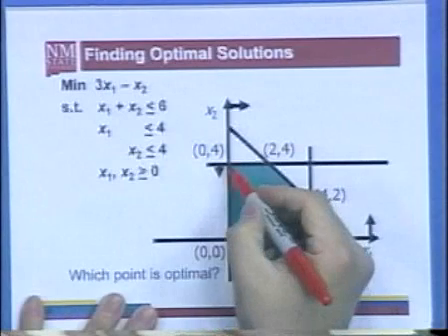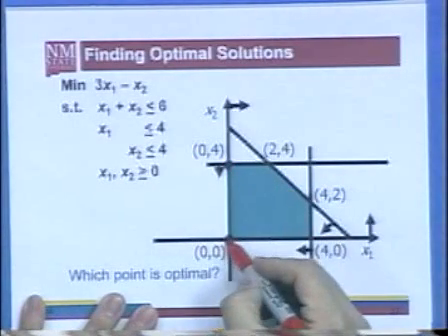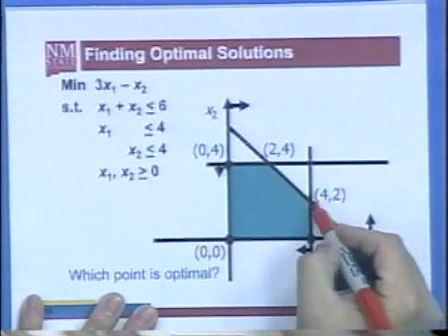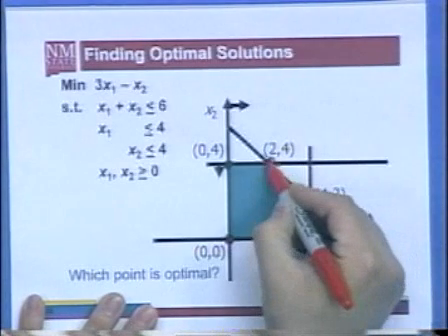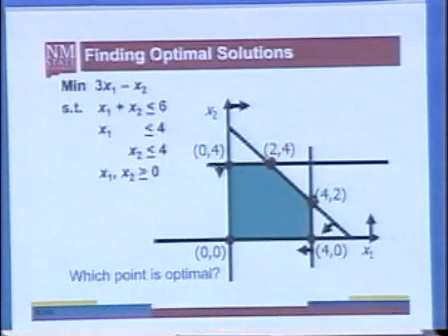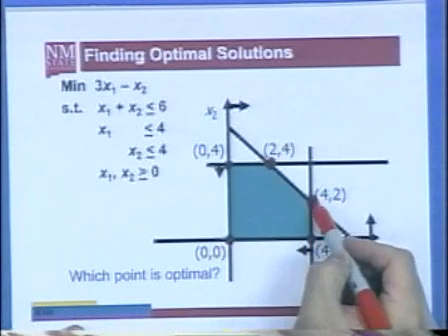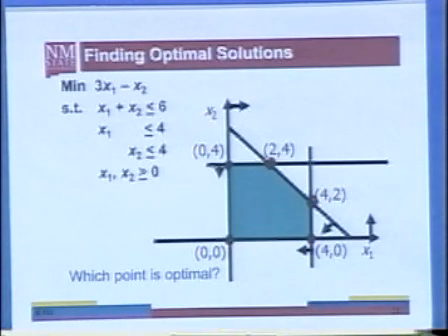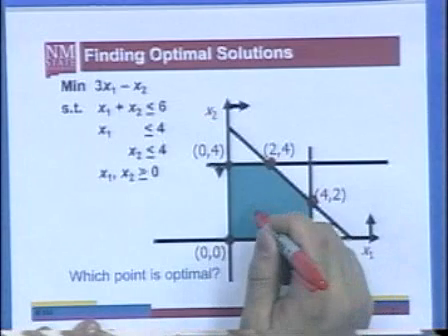Again, we have 5 extreme points. Right. So if there is an optimal solution, then one of them should be the optimal solution, right? So first of all, we need to draw an iso value line, right? So let's just choose any point in the feasible region, right?